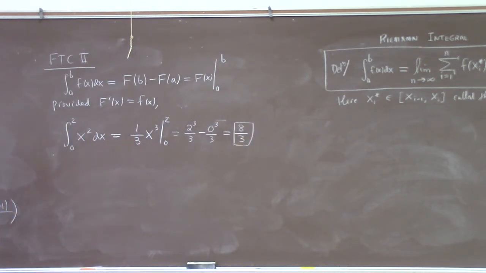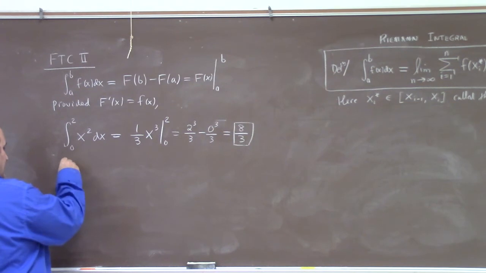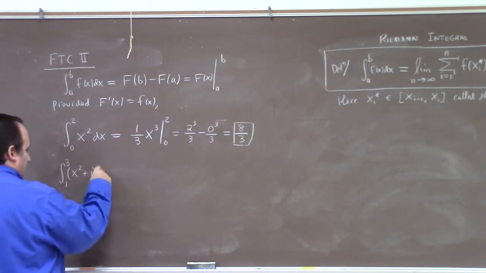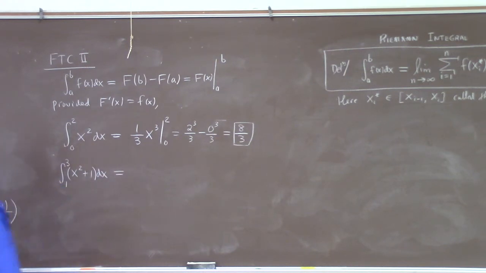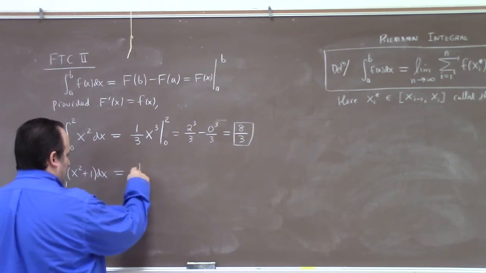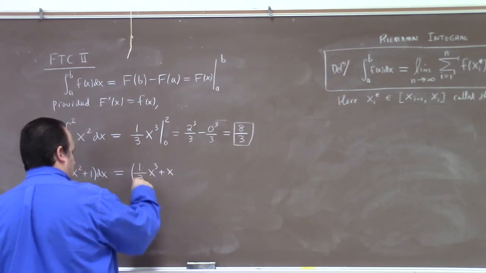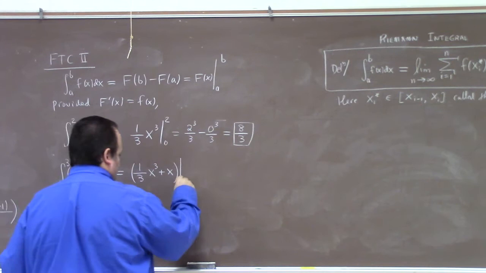And while we're at it, let's do the earlier example we did today, which was what? The area from 1 to 3 of x squared plus 1, wasn't it? So to calculate that area using the fundamental theorem of calculus part 2, we just need to find an antiderivative for x squared plus 1, which is what? 1/3 x cubed plus x, evaluated from 1 to 3, right?